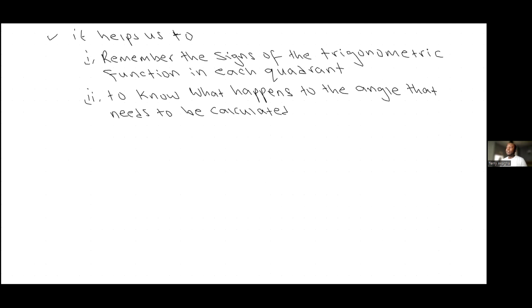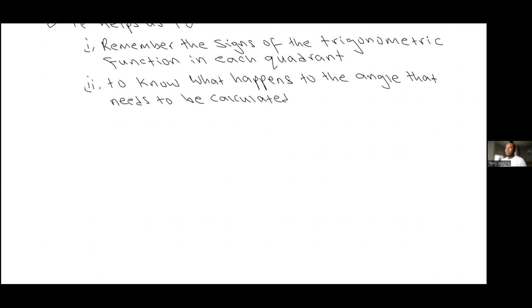So if we're going to write the ACTS diagram again, like I said, it looks like this. We have A, C, T, S, or you can call it a CAST diagram, depending on what you want to do. So what does this imply? In this one, A means all the angles are positive.